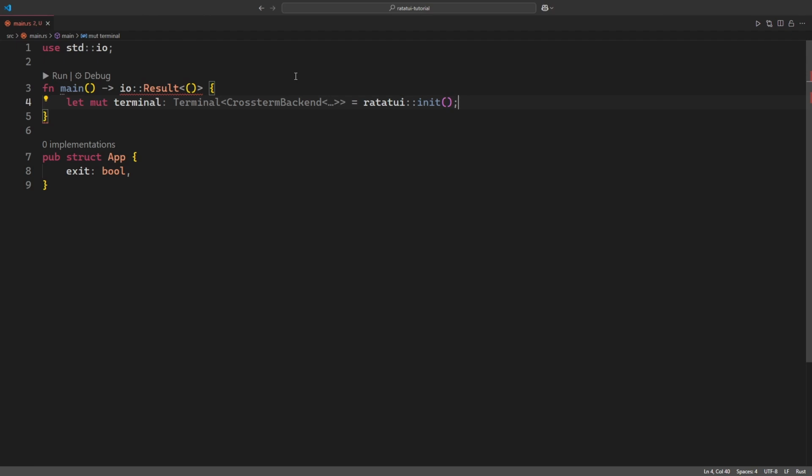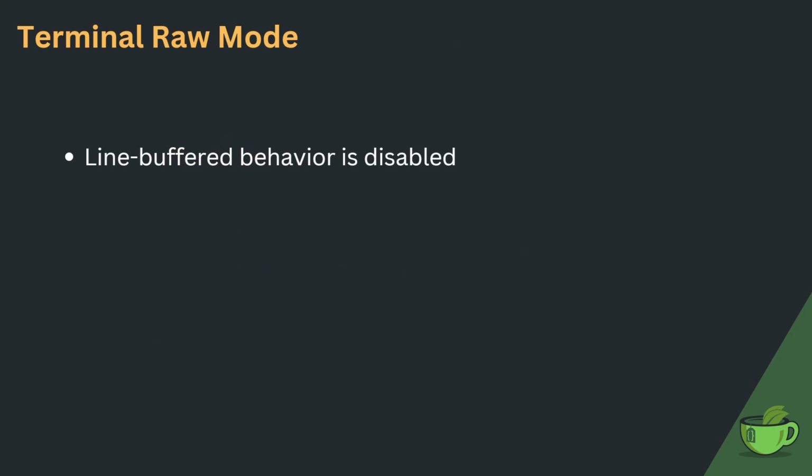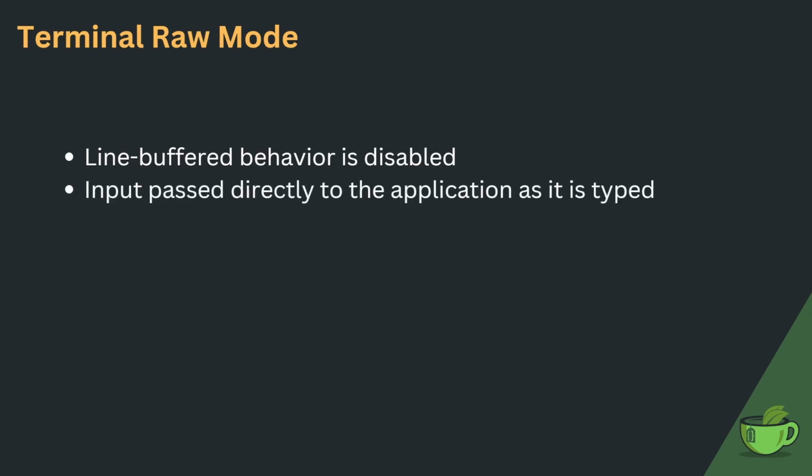And because this is so important, let's just quickly talk about what raw mode is. Raw mode is a configuration for terminal input where the usual line buffered behavior is disabled. In this mode, input is passed directly to the application as it is typed, without being processed by the terminal, whereas in normal mode the terminal reads inputs only after you hit enter.